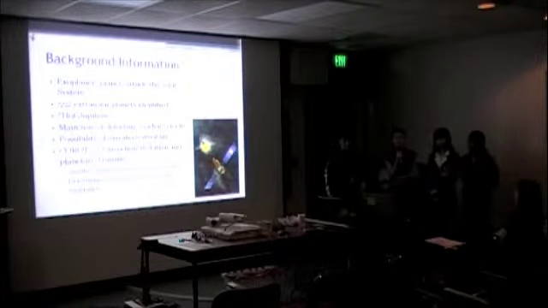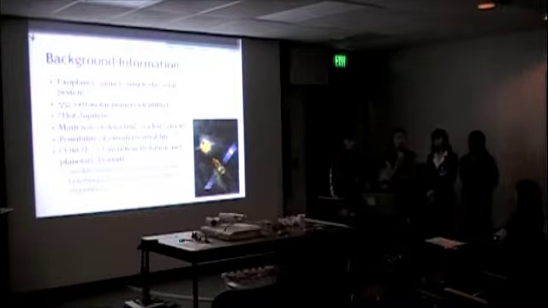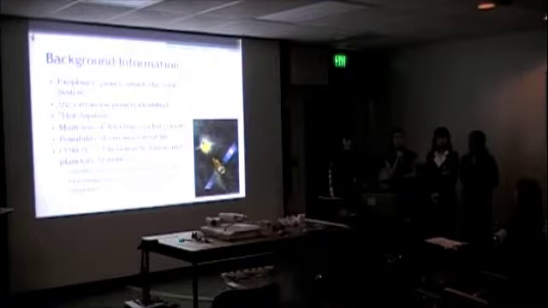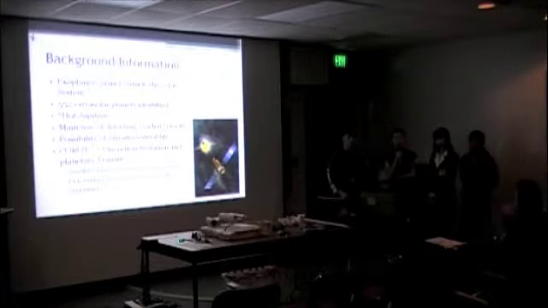The main way of detecting these planets is called radial velocity. We actually didn't use this method. We used the transiting method. By searching these exoplanets, we can find the possibility of extraterrestrial life.